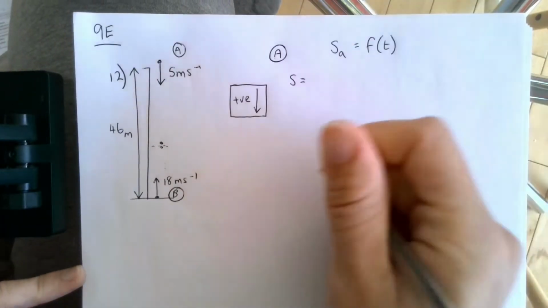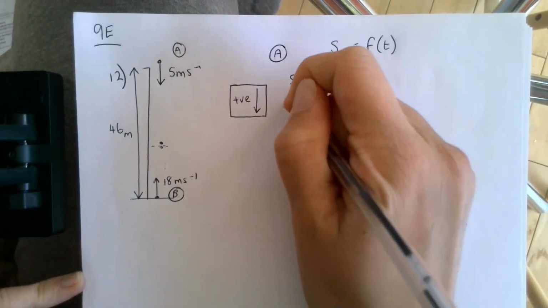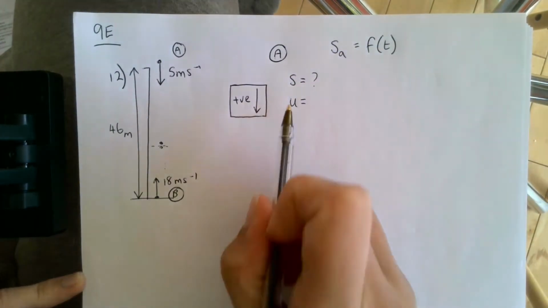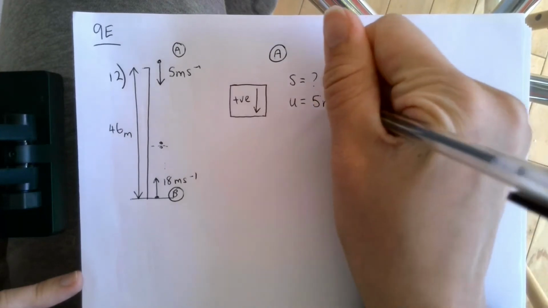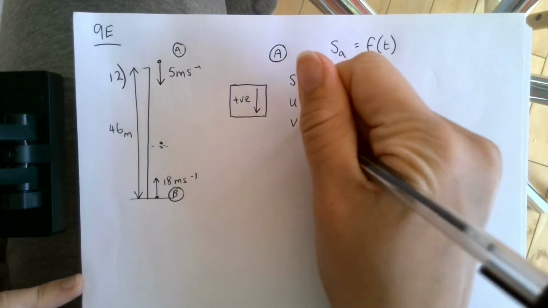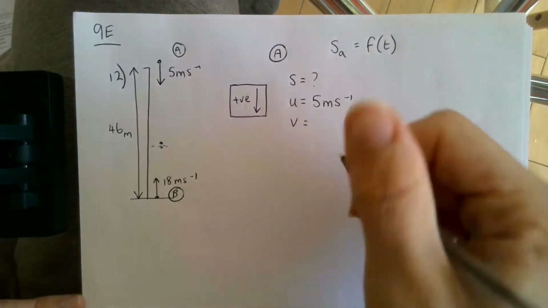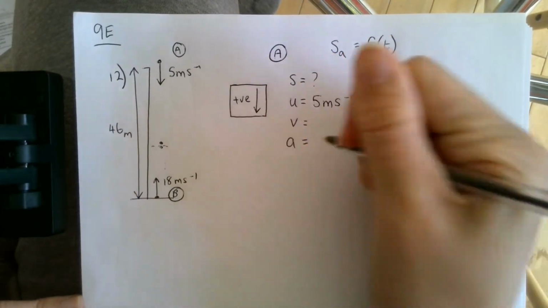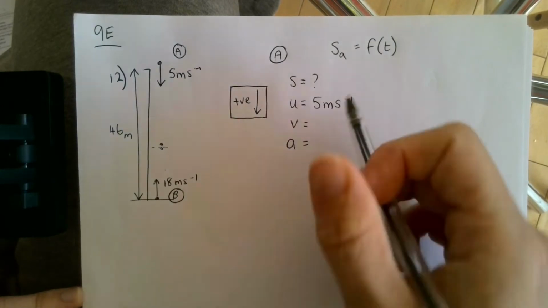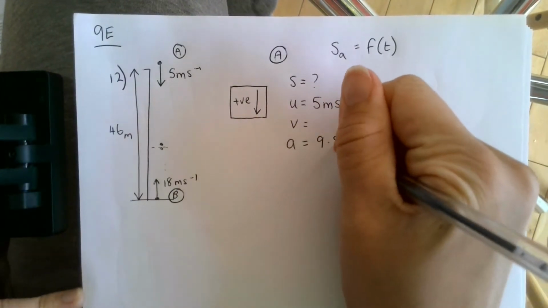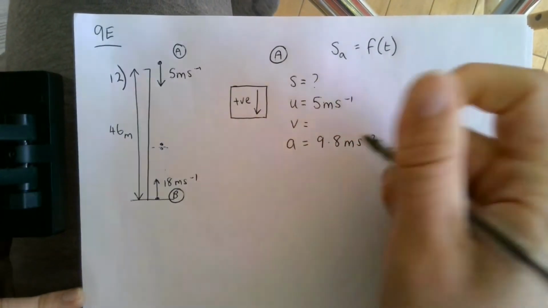So the displacement of A is what we're trying to find out. The initial velocity of A, we're told, is 5 meters per second, and it is downwards, so I can keep that as positive, 5 meters per second. The final velocity of A, I don't know. The acceleration is due to gravity, acting downwards, and downwards is positive, so 9.8 meters per second squared.